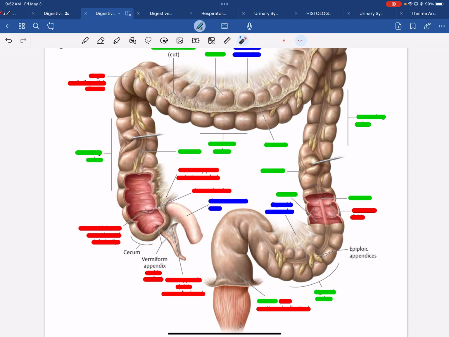And the vermiform appendix has good bacteria in there. So if the good bacteria in the rest of the GI tract is decimated because of infection or antibiotics or something like that, then the good bacteria in the vermiform appendix can come out and repopulate the large intestine. That's one function.